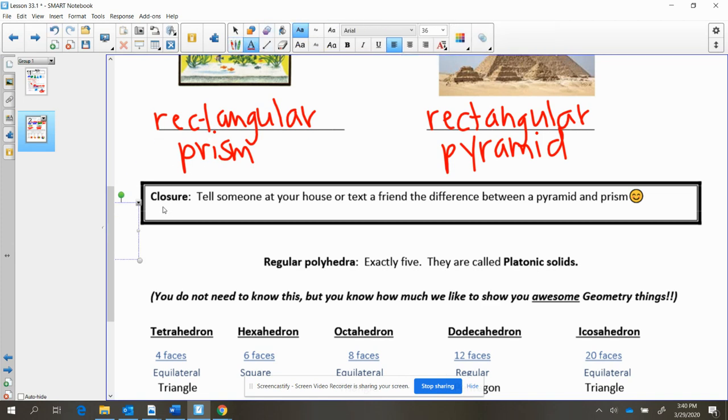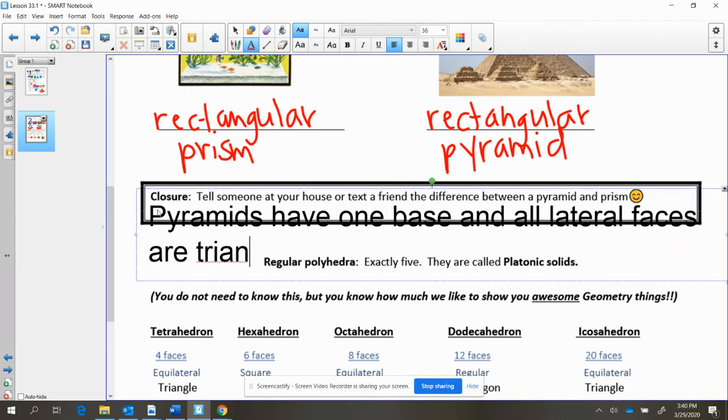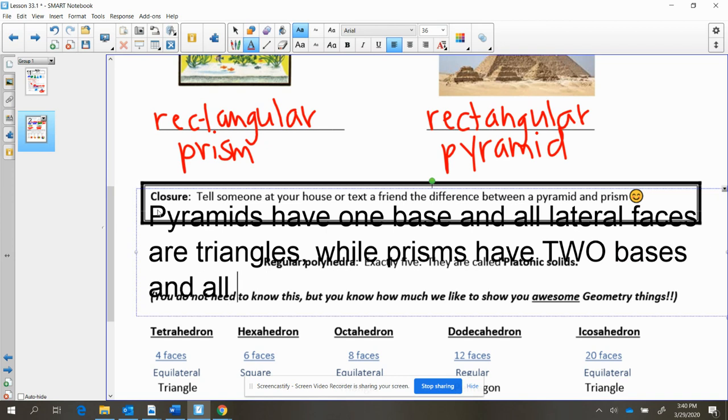Now to wrap this up a little bit, just in closure, again, our biggest difference between a pyramid and a prism: pyramids have one base, and all the lateral faces are triangles, while prisms have 2 bases, and all the lateral faces are parallelograms.